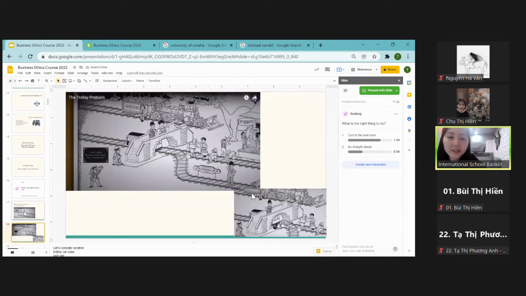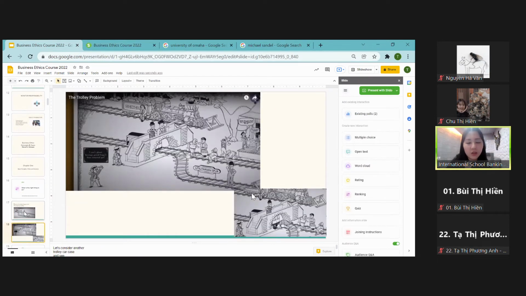Okay, this time you are no longer a driver. This time you are this guy. And this guy is a bystander, a pedestrian, an onlooker. So he is standing on the bridge across the track, and you are standing on the bridge, and you observe everything.